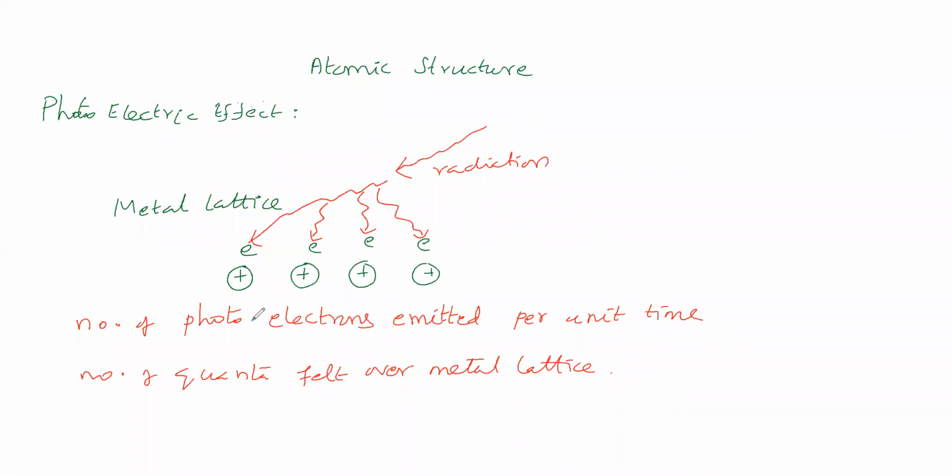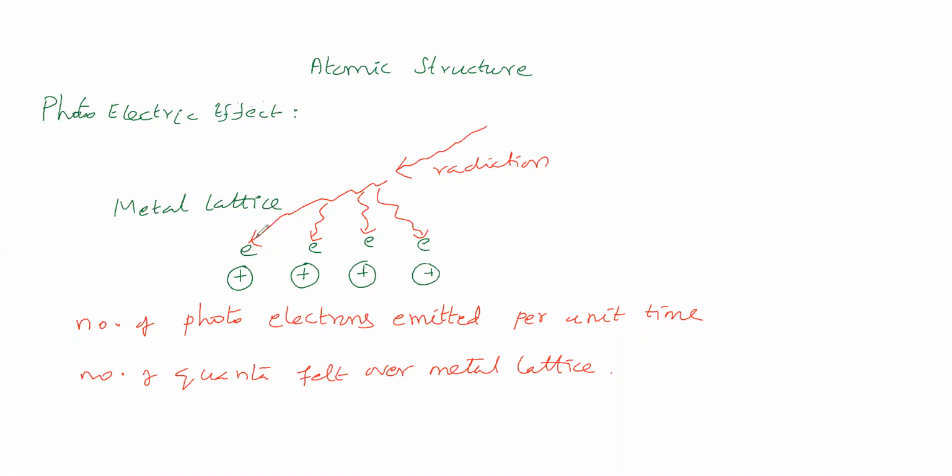And you also think in this way: if a quantum is falling over this electron, then only this electron is absorbing this quantum and ejecting out from the metal atom, isn't it? If the quantum is not falling, then will it come out? You think about it.